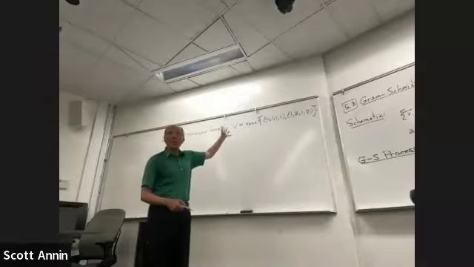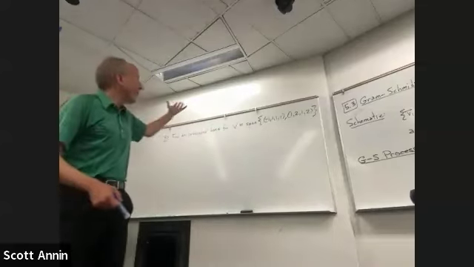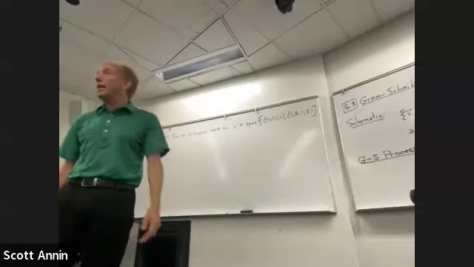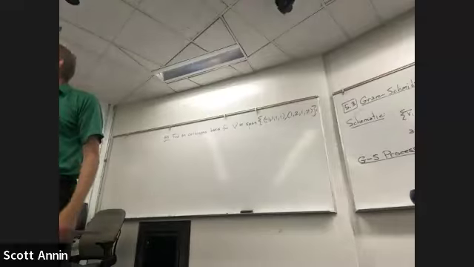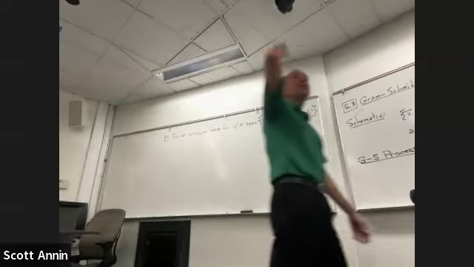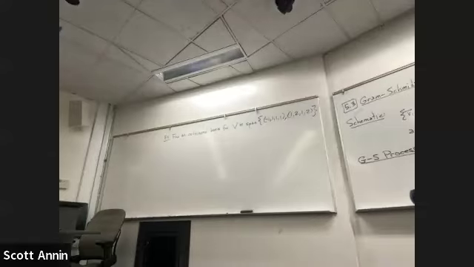Now, in this problem, just like the warm-up problem, at least for now, I have not given you the inner product formula. What are you gonna do in a situation like this if the inner product formula is not given to you in the question? You remember what I said about that?